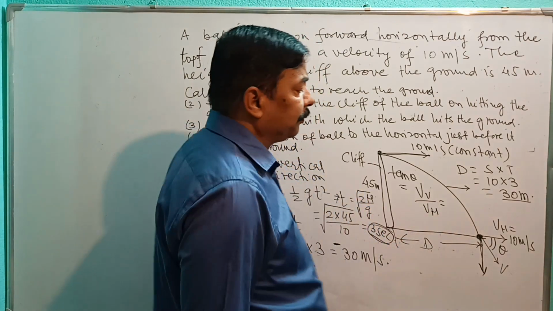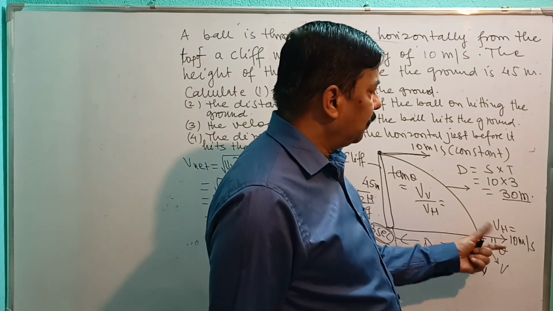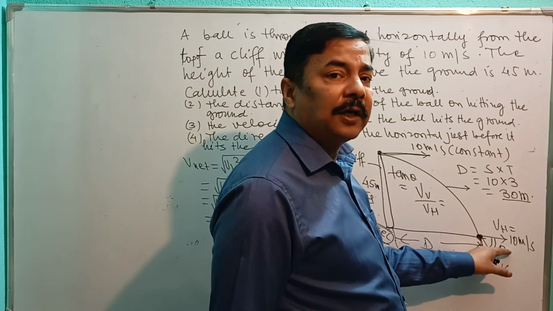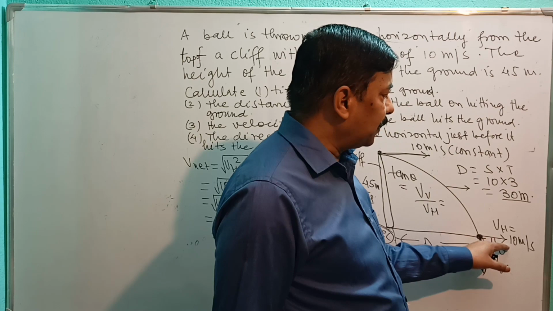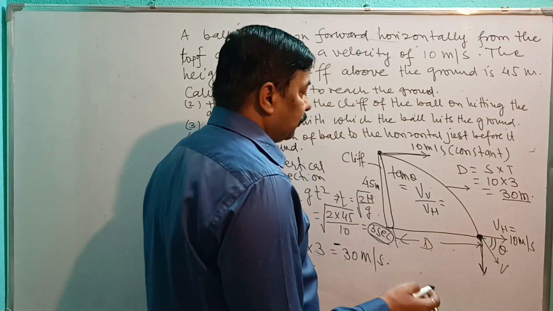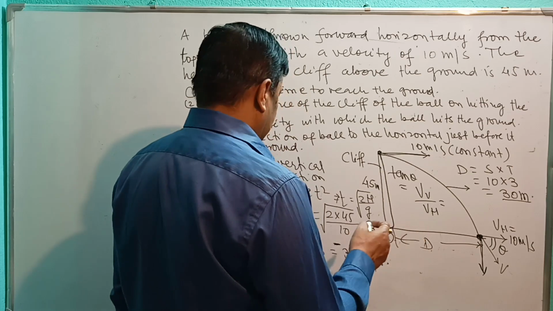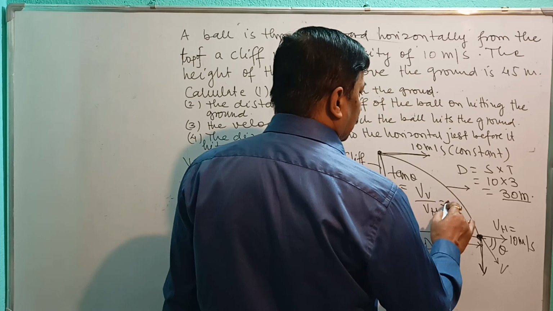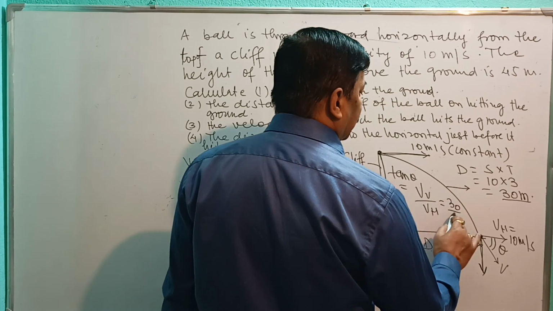How has it come? It has come this component by this component. This vector can be shifted parallelly. So this can be here. So this by this, that is vertical is how much? Vertical is 30 by 10.